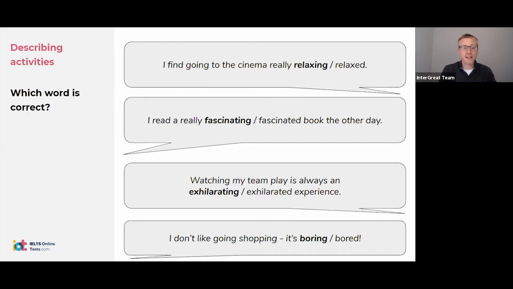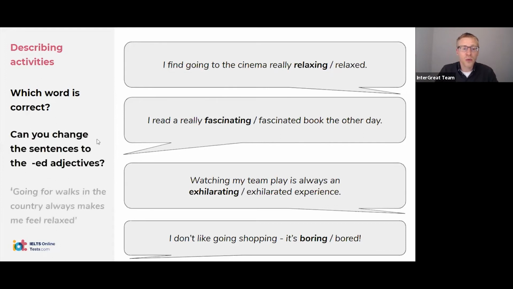The ed is for the feeling, right? I feel. Okay. So yeah, the feeling of the person. Exactly. So for example, we can say going for walks in the country makes me feel relaxed.